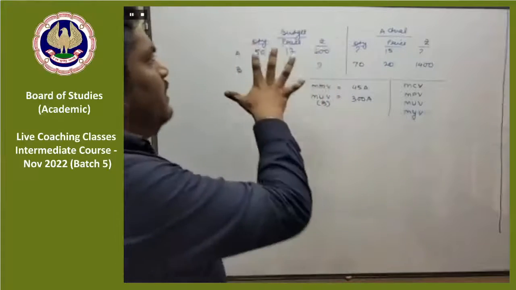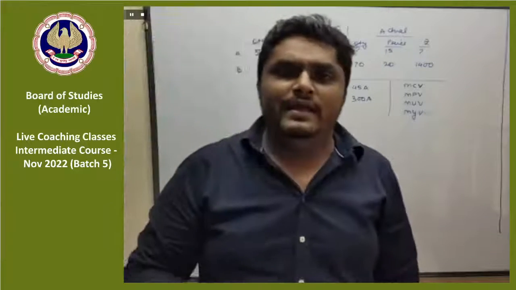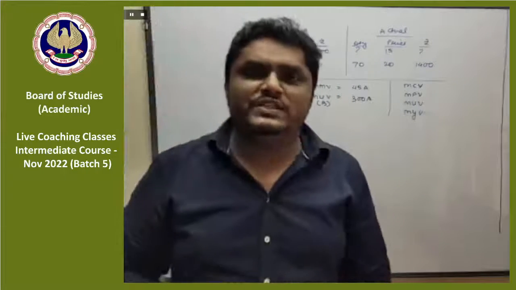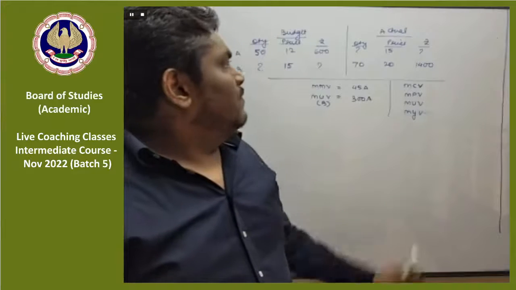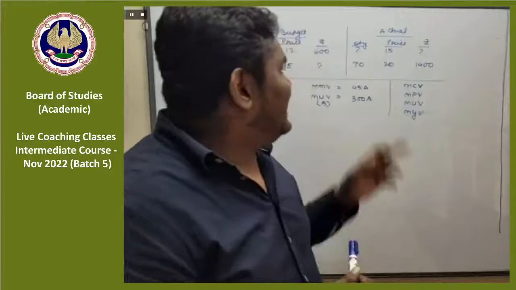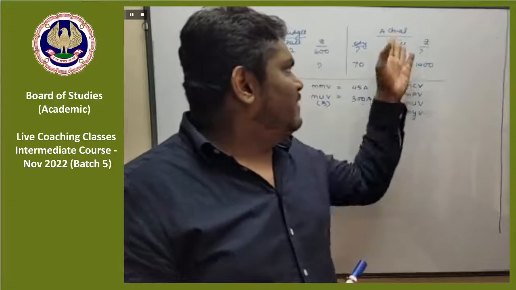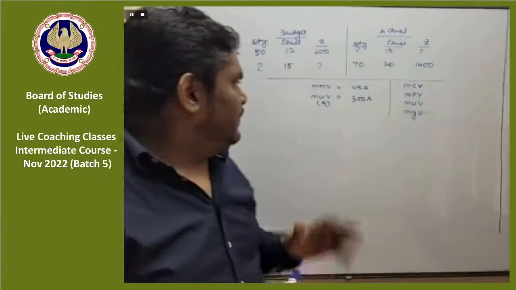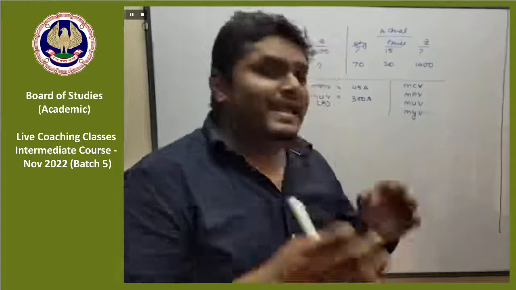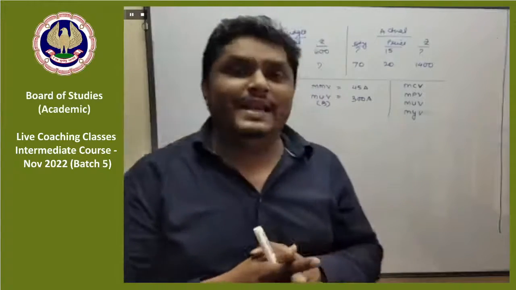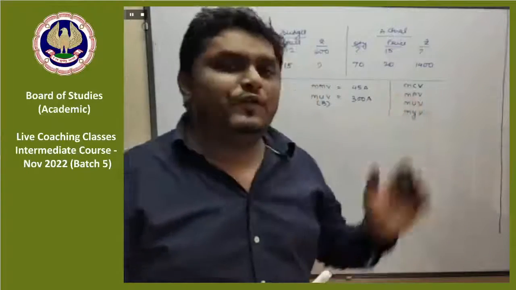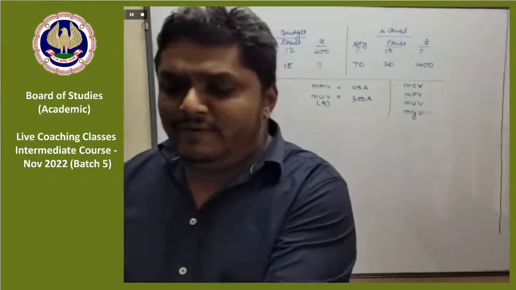I repeat again, the budgeted quantity is given for A, that is 50, and for B it is not given. The budgeted price is given, that is 12 and 15. Further, when talking about the actual data, the actual quantity of B is given, that is 70. Further, the actual price is also given. Material mix variance is 45 adverse, and material usage variance for B specifically is 300 adverse. You guys have to calculate the missing figures and the relevant variances.